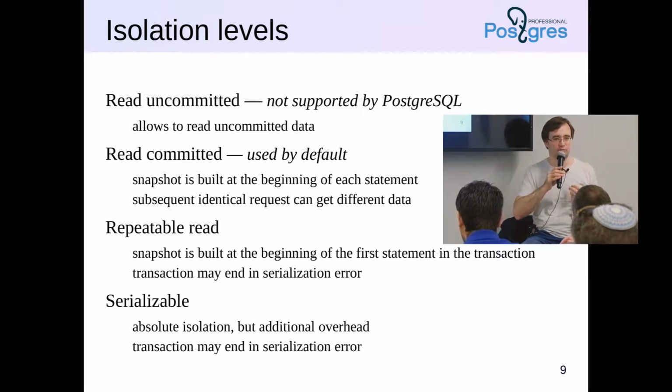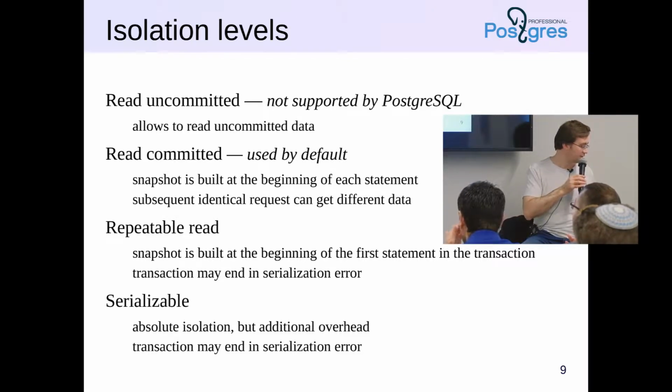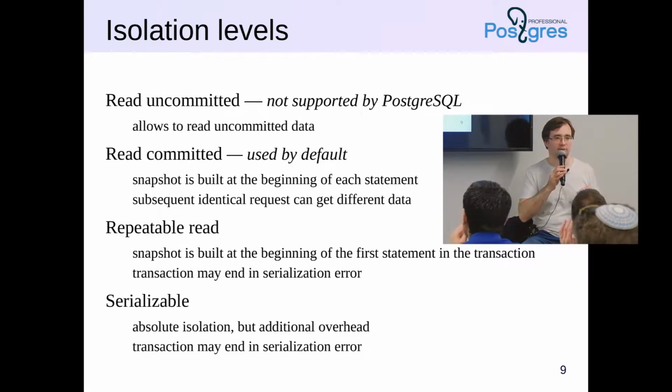But Postgres, thanks to multi-version concurrency control, can work on read committed level as fast as it would work on read uncommitted level. So you just don't need read uncommitted because there's no benefit from it.